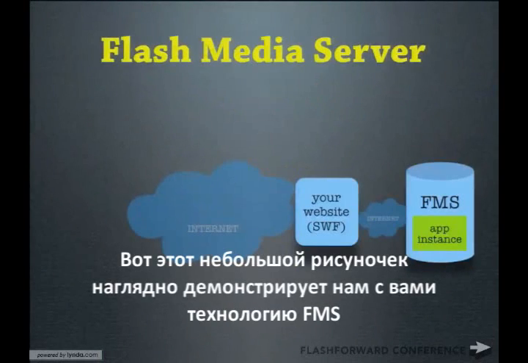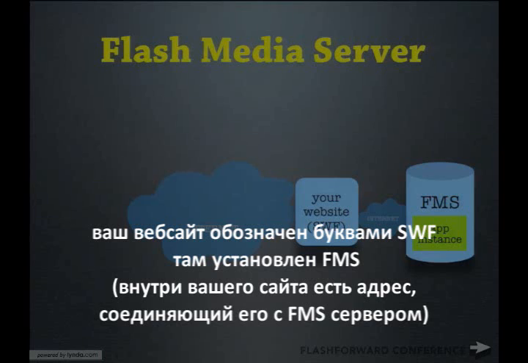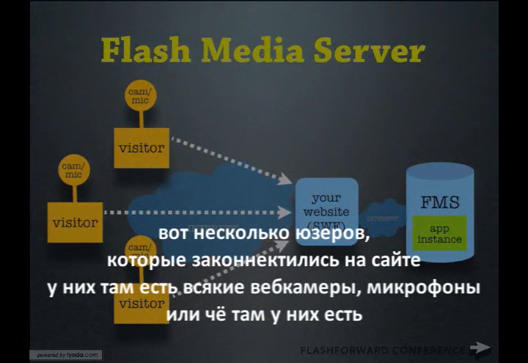So just a really silly little animation here to show you. Say you've got your website, you've got a SWF up there, and you've got your FMS, ready to go. Inside your SWF, you have a connection, an actual address for that FMS server. Then a few people connect.